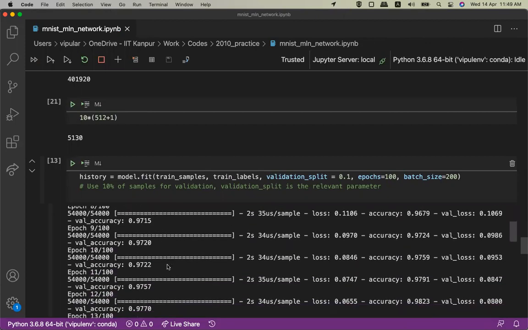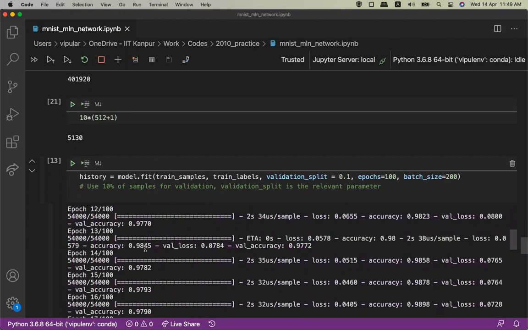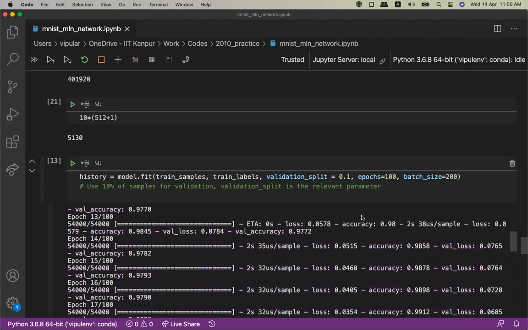Now, this training is the step which takes the largest amount of time in any machine learning run, because this is when the model is actually getting updated. So you see how the validation accuracy is improving. I will not look at the training accuracy because that will improve anyway.